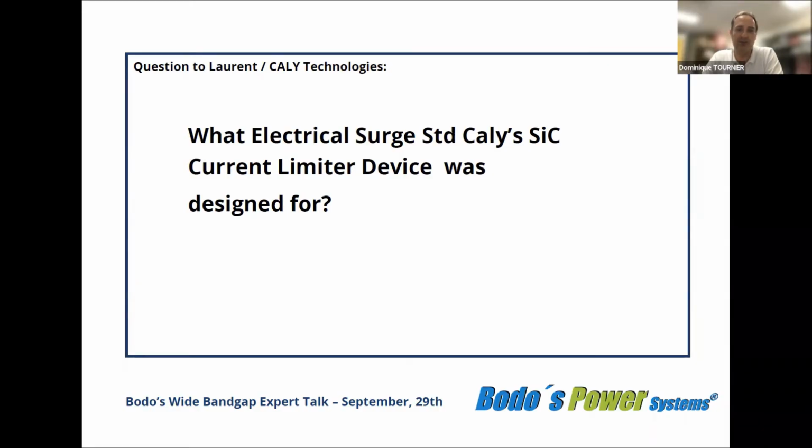We're ready to go to the next question from the audience. What electrical research standard were CALY's current limiting devices designed for? The CLDs have been initially designed for aircraft lighting protection. So they should be compliant with the DO-160 section 22, the aeronautic standards, to meet various waveforms. The most aggressive, let's say, is W5 level 5.